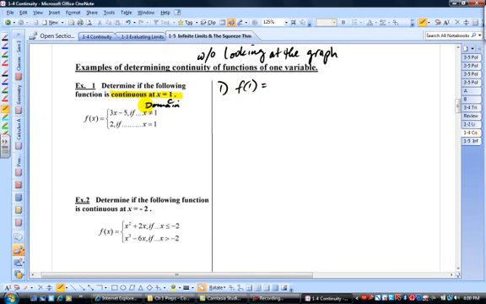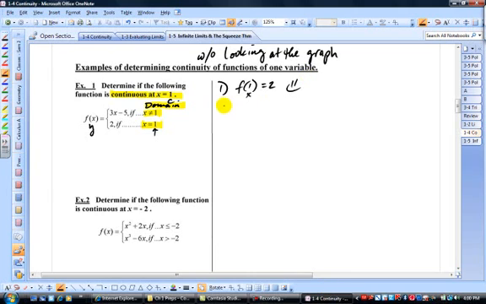For the first part, y equals a linear function 3x minus y if x is not equal to 1, and y equals 2 if x is 1. Well, here your x value is 1, and that's right here. So when x is 1, y is 2. It's basically a point on the graph. So f of c is defined. Okay, first condition satisfied.